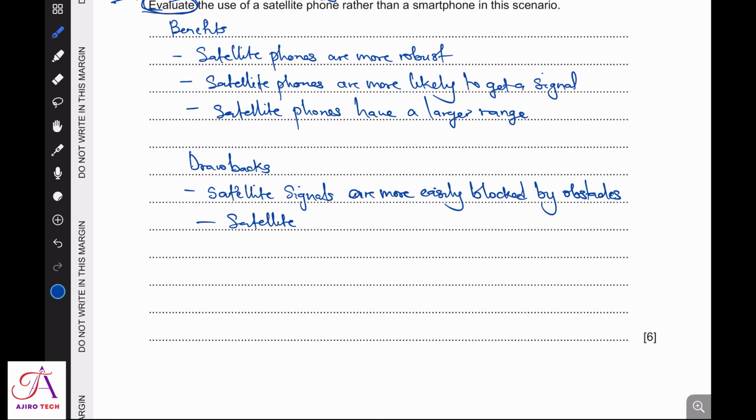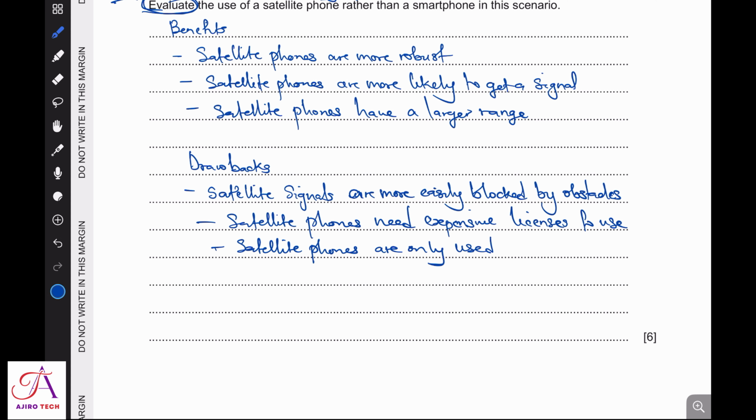Satellite phones need expensive licenses. You can't just buy it. So they need expensive licenses to use. And again, satellite phones are only used for phone calls.